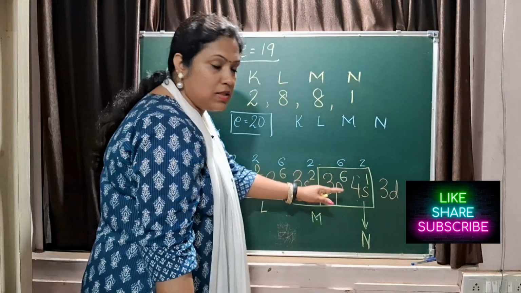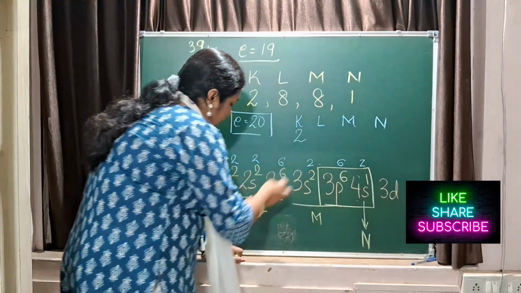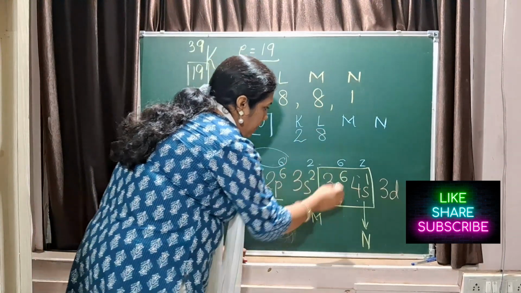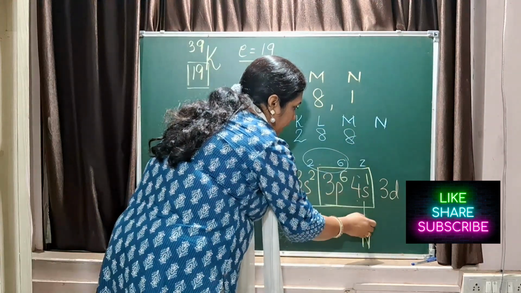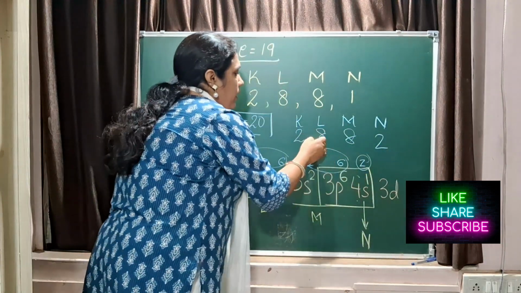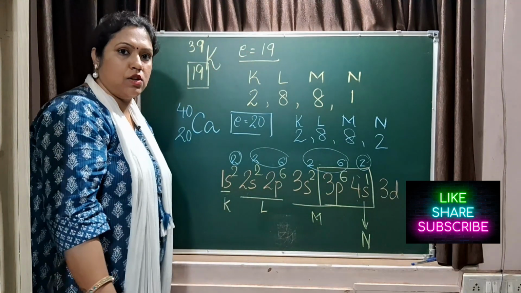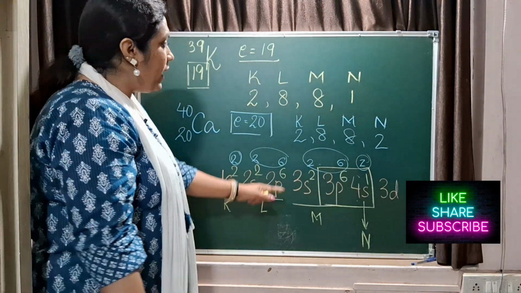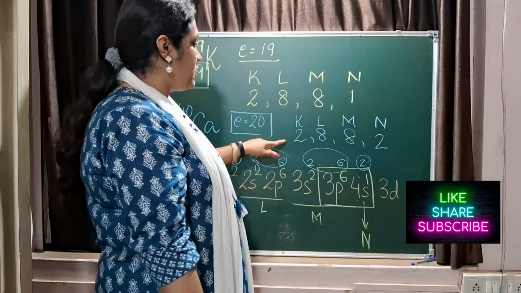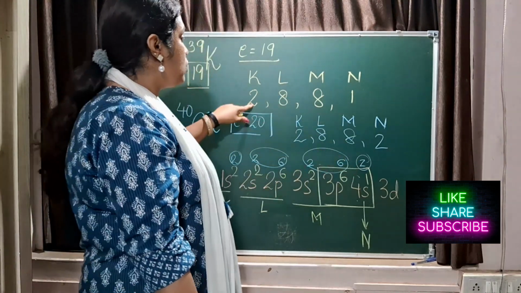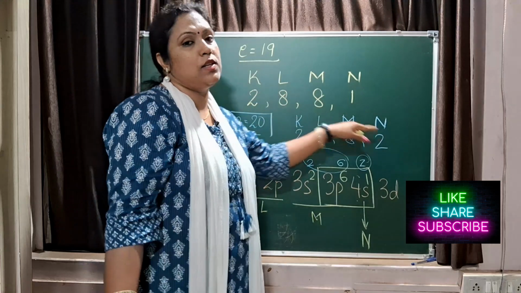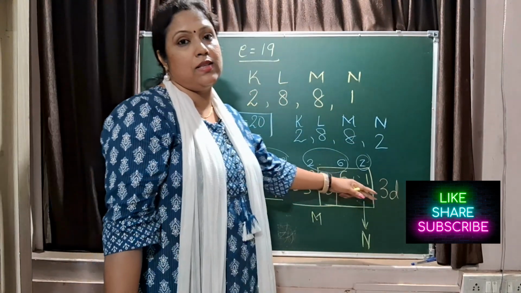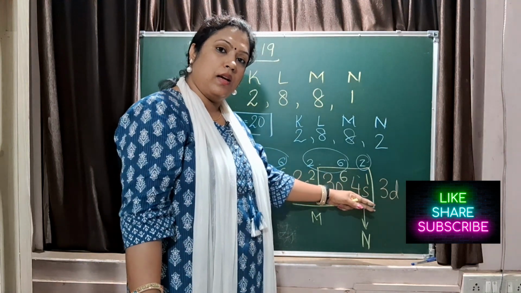So 20 electrons are distributed. K has 2, L has 8, M has 8 and N has 2. That explains the electronic configuration of calcium. Is that clear? Why is it not 2, 8, 9, or 2, 8, 10, rather it is 2, 8, 8, 1 and 2, 8, 8, 2.